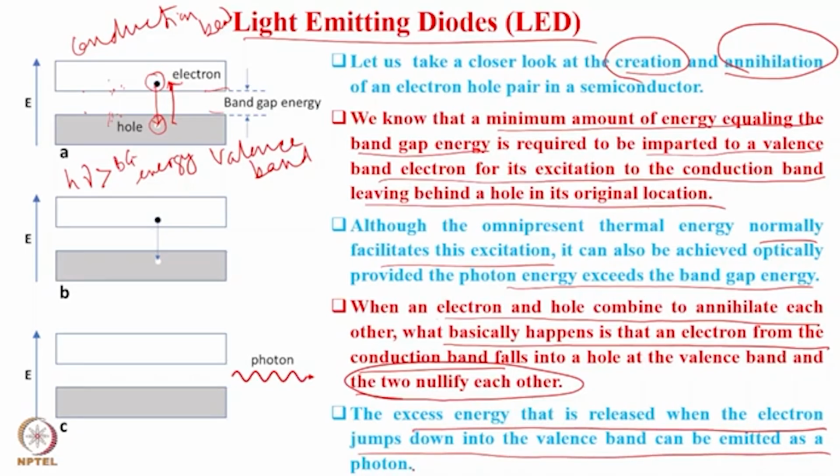Like when a photon is absorbed: suppose there is an electron here, and a photon comes and this electron absorbs it, the electron climbs up to the conduction band and a hole is created.